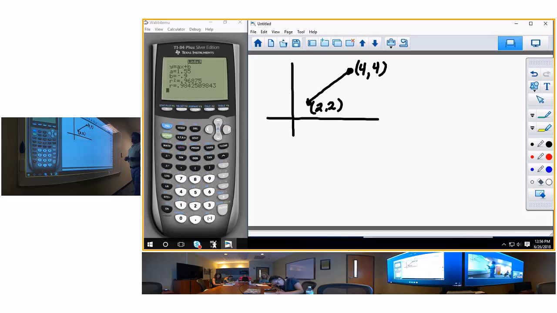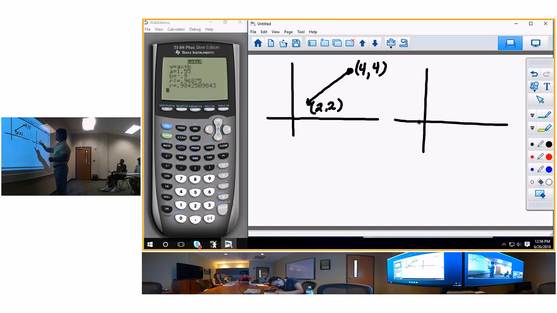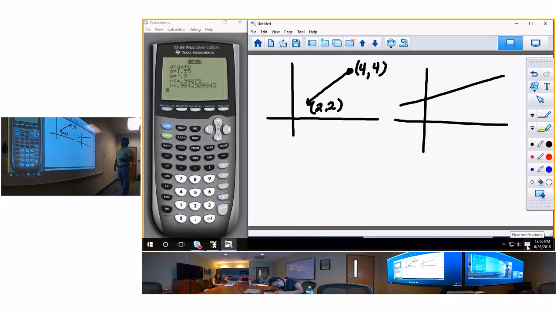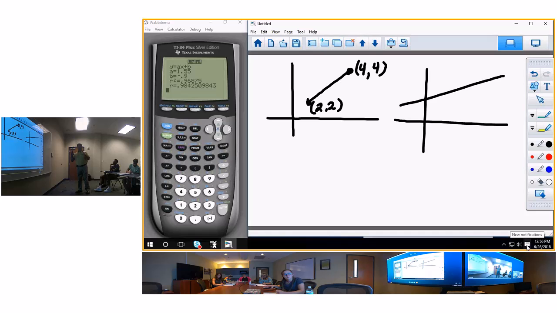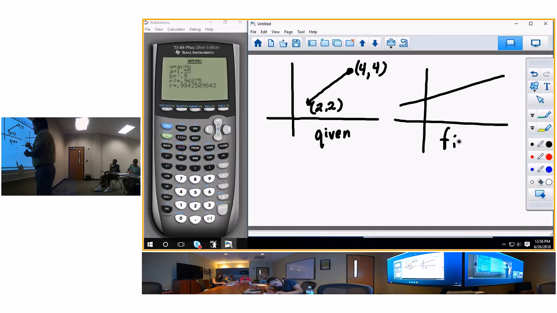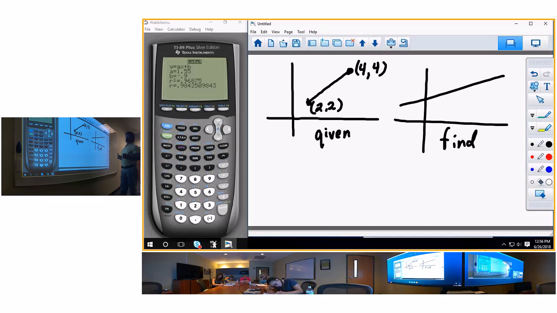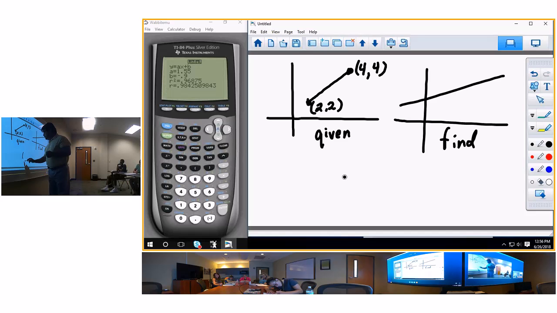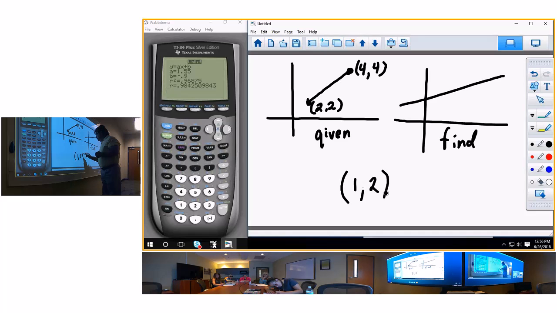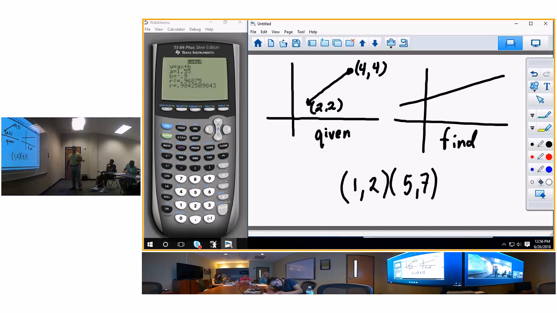Or I can give you a line on a piece of graph paper in the background, and you find 2 points. Or I give you 2 points like this. Those are the 3 types of problems you'll see, and I'll ask you to calculate the slope.